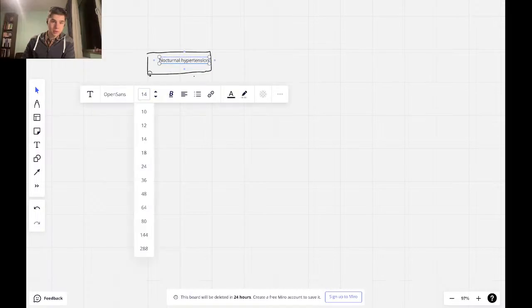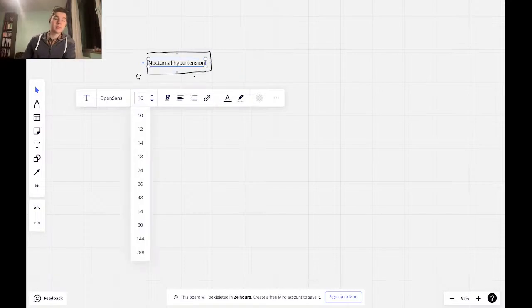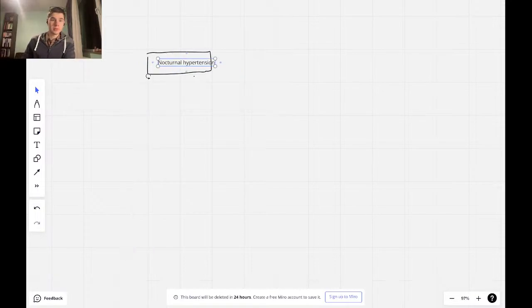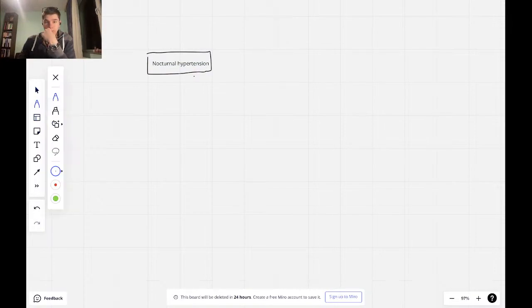We have the patient with renal artery stenosis, which has poor perfusion of the kidneys.